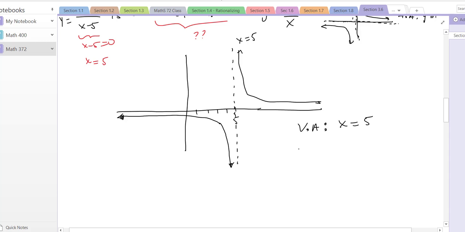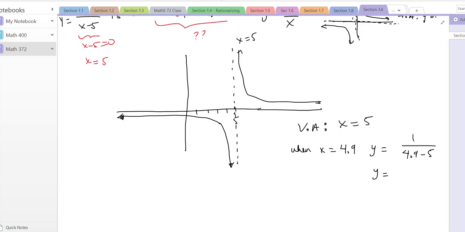So say when x is 4.9, what are the y values doing? When you plug it in, we have 1 over 4.9 minus 5. 4.9 minus 5 is negative 0.1, and 1 divided by negative 0.1 is negative 2.